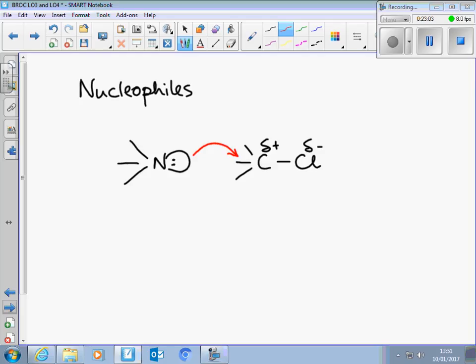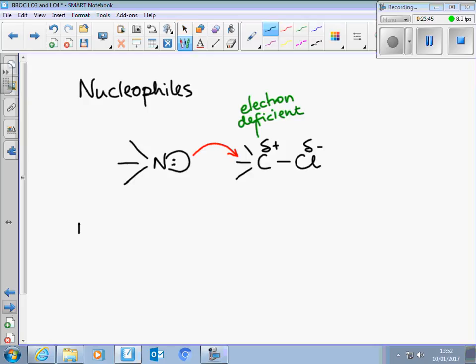It has a little curve to it. So this is a nucleophile. It's attacking an electron deficient area. Right, so that is electron deficient. It's lost its share in the bonding pair because they're spending more time around the chlorine. All right, so that's nucleophiles. Hopefully, once we've got this side done, some of the rest should be a lot easier.